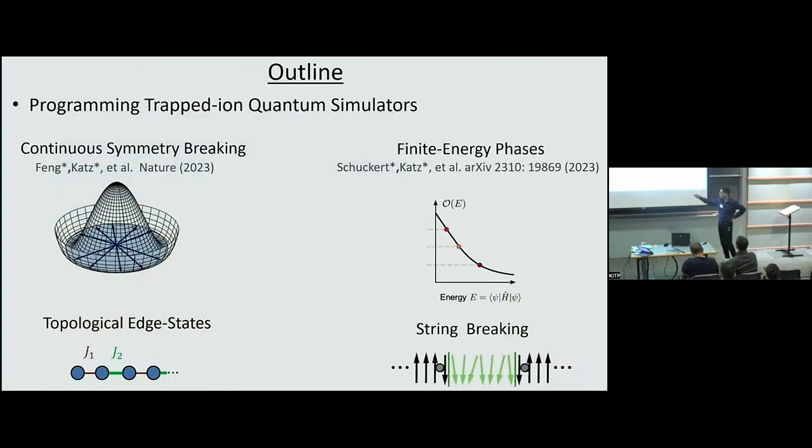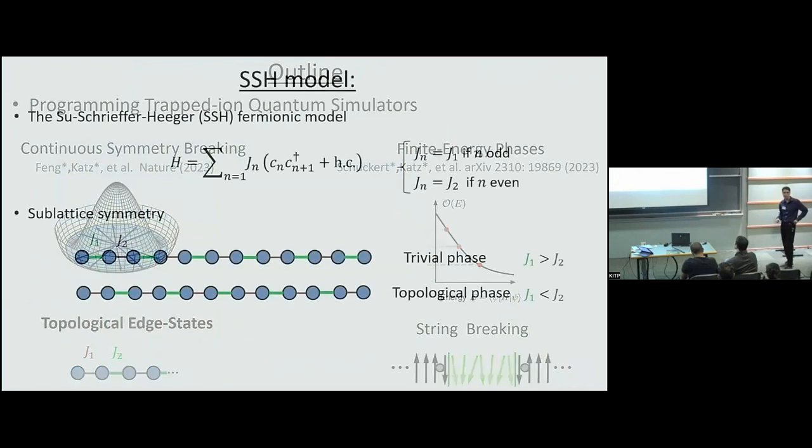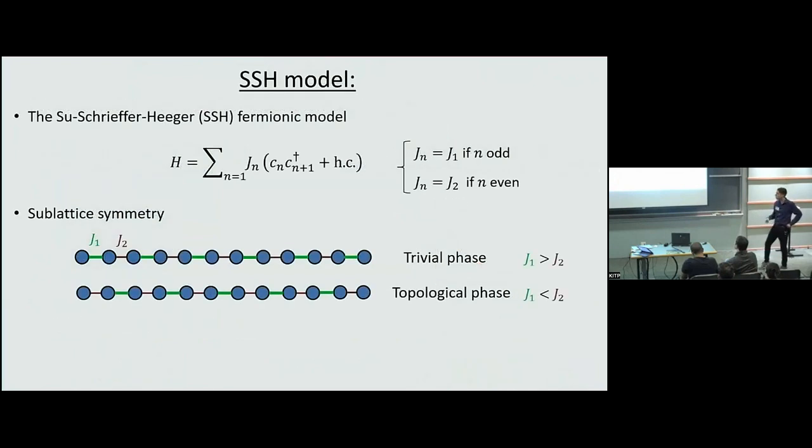And so far I've been telling you a little bit about the continuous symmetry breaking phase and finite energy, and now I'm going to share with you some preliminary results that we have in these two different projects. First, I'll start with the signatures of topological edge states. So maybe one of the simplest models for topological insulators is the SSH model, where we have a nearest neighbor hopping between fermions that have two different types of bonds, either J1 if it's an odd bond and J2 if it's an even bond.